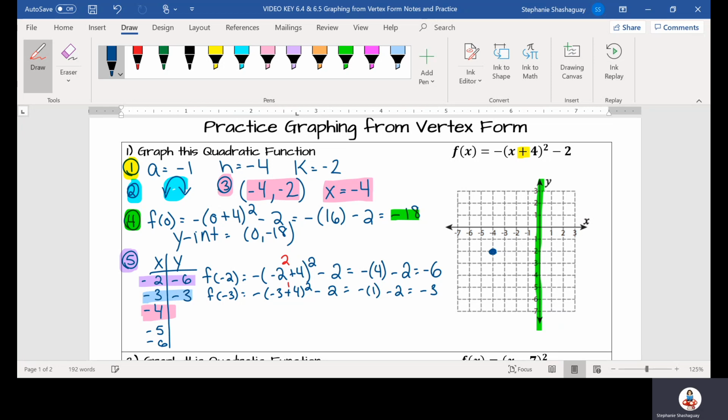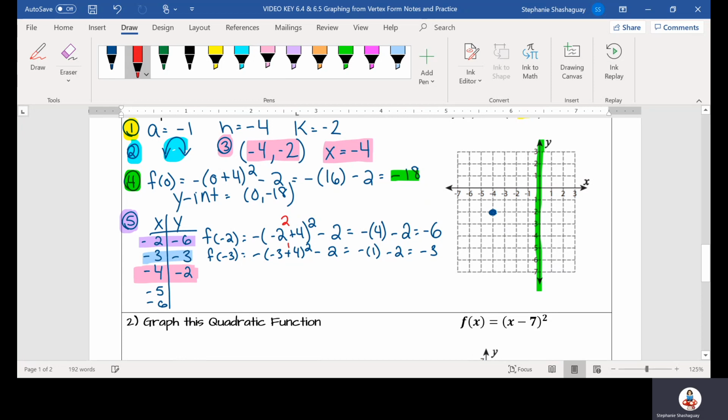I already know the y value of -4, it's -2. And I know that this is my vertex, and I know that my points reflect on the opposite side of my vertex. So if I have a -3 here, I know that I'm going to have the point (-5, -3) down here as well. And the same thing's going to happen with that -6 and -6.